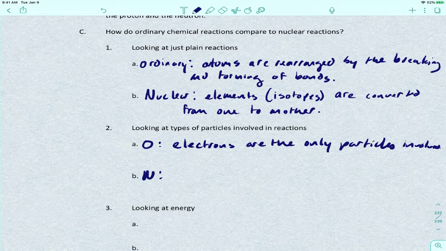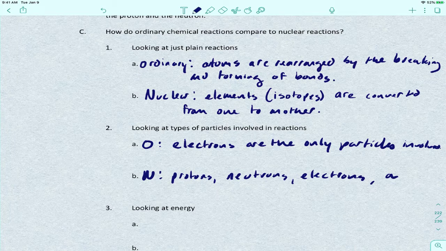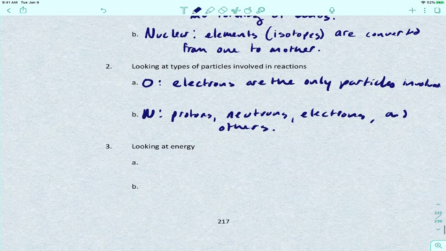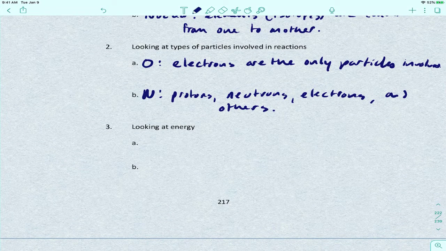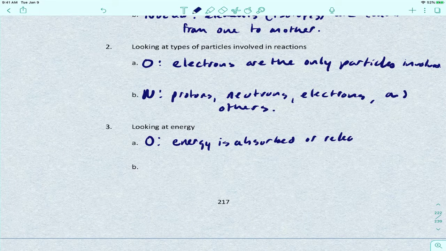For a nuclear reaction, we're going to use protons, neutrons, electrons, and others. Now, what about the energy? For an ordinary chemical reaction, energy is absorbed or released, and usually we're dealing with small amounts.